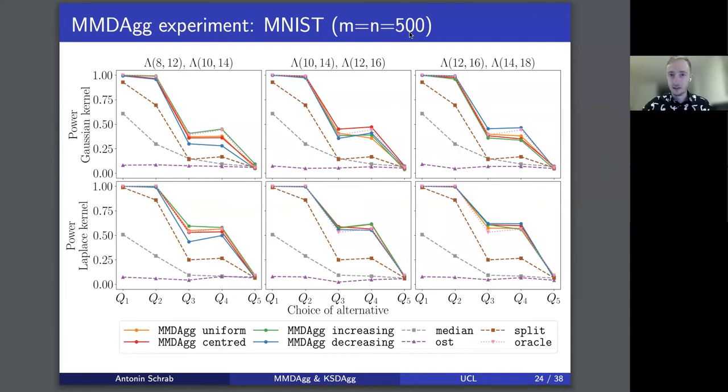So essentially, I think we haven't reached the asymptotic regime at all, and so this proxy for asymptotic power is not that good of a proxy. That's why we're able to beat that oracle test in some settings. And as I said before, here we now observe that the Laplace kernel works better than Gaussian, while before it was the opposite. So there's not one kernel that always works the best.